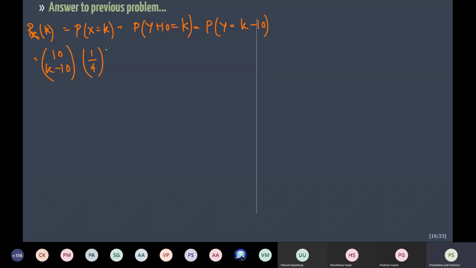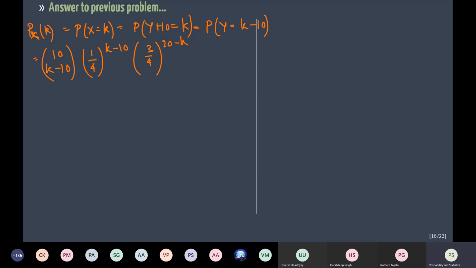For the kth outcome, the probability that x is equal to k is nothing but the probability that y plus 10 is equal to k, and this is nothing but the probability that y is equal to k minus 10, which will be 10 choose k minus 10, and then 1/4 to the power k minus 10, and 3/4 to the power 20 minus k. Okay, so this is what we have.